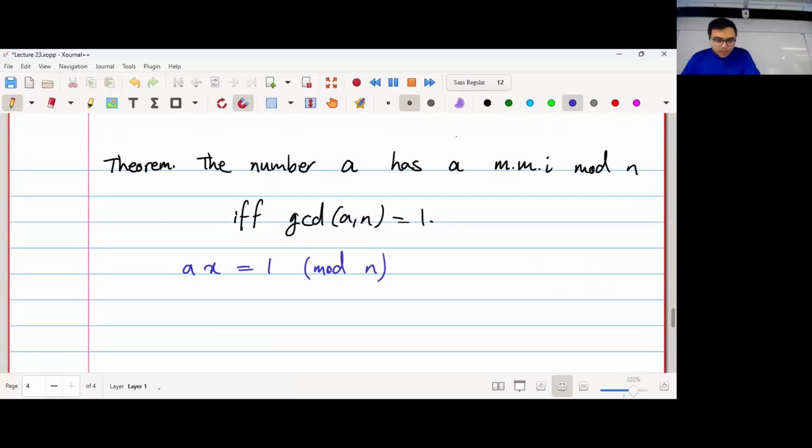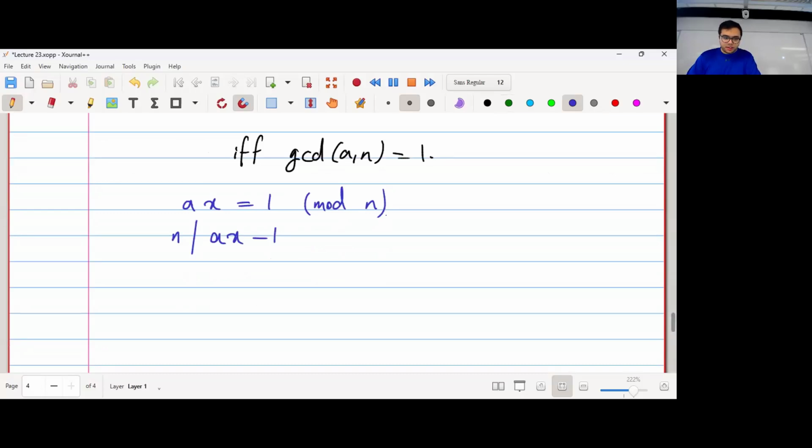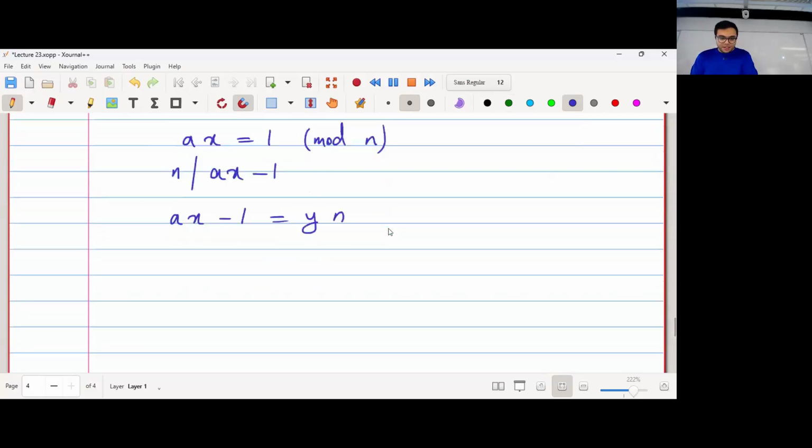But what does this mean? This means that n divides ax minus 1, right? So basically I can write this as ax minus 1 is some k times n, or actually, let me call it y. It's some y times n, right?